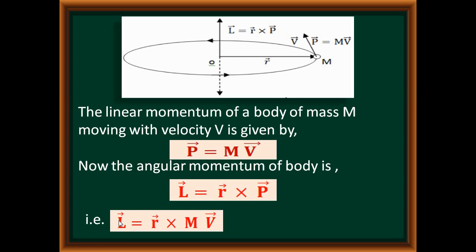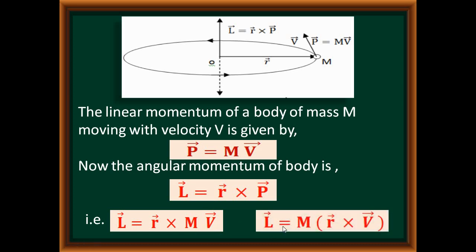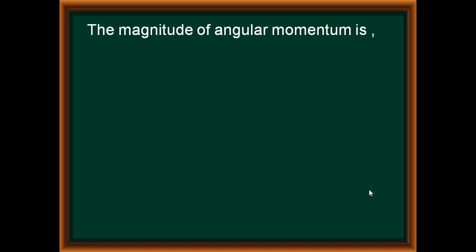That is, vector L becomes vector r cross vector p. Instead of p, we can write m into v, and therefore the equation becomes vector L equal to vector r cross m into v. Again, we can modify this equation as vector L is equal to m into bracket vector r cross vector v. From this equation, we can find the magnitude of the angular momentum.